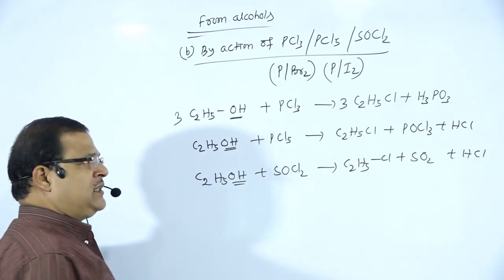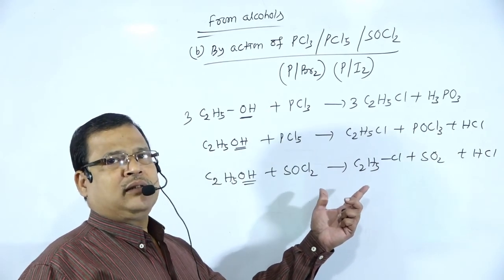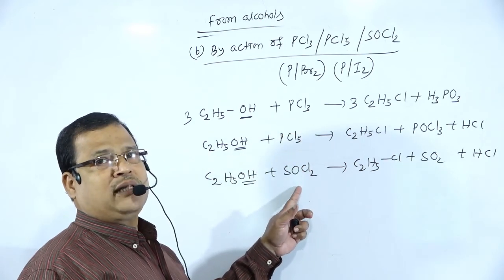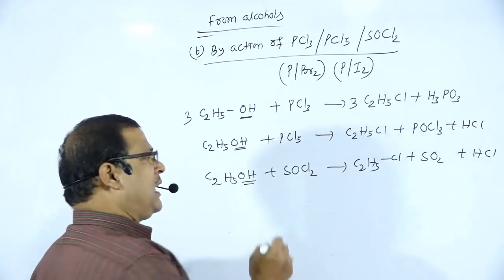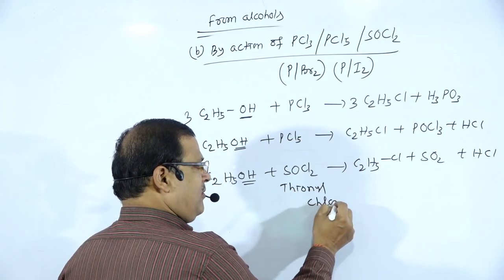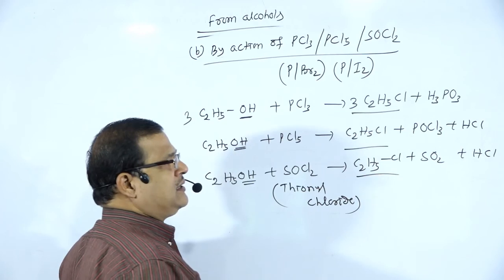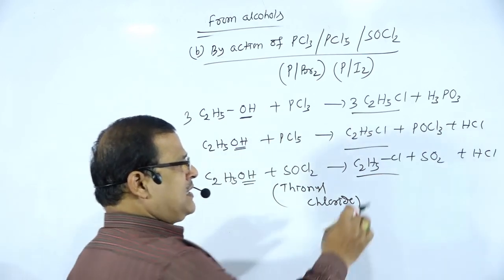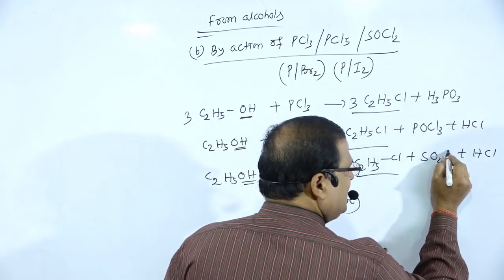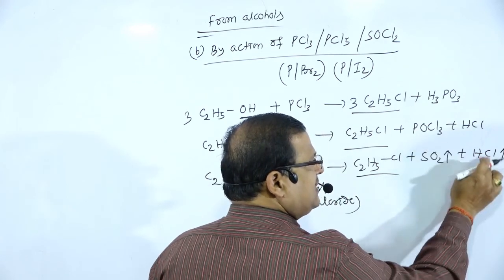One important question: how to prepare pure alkyl chloride. Whether we have to take PCl3 or PCl5 or SOCl2. The answer is SOCl2, thionyl chloride. Why? In all these cases, alkyl halide, ethyl chloride, is formed. But in this last case, when we take thionyl chloride, SO2 is removed as gas, and HCl as gas.